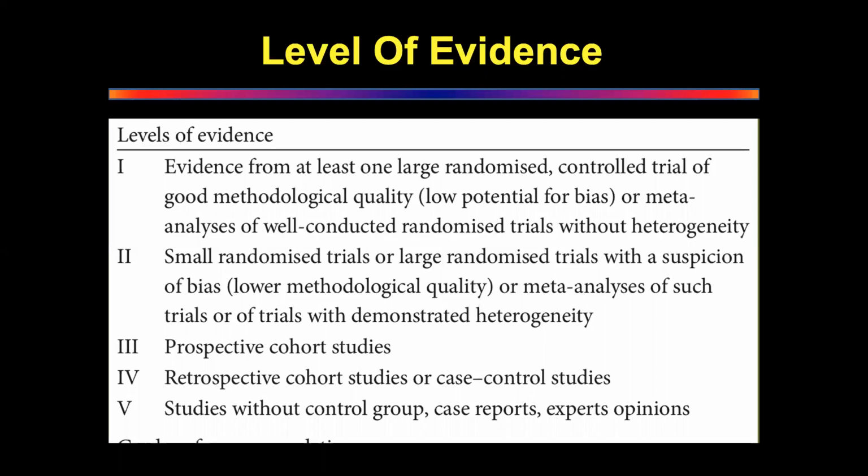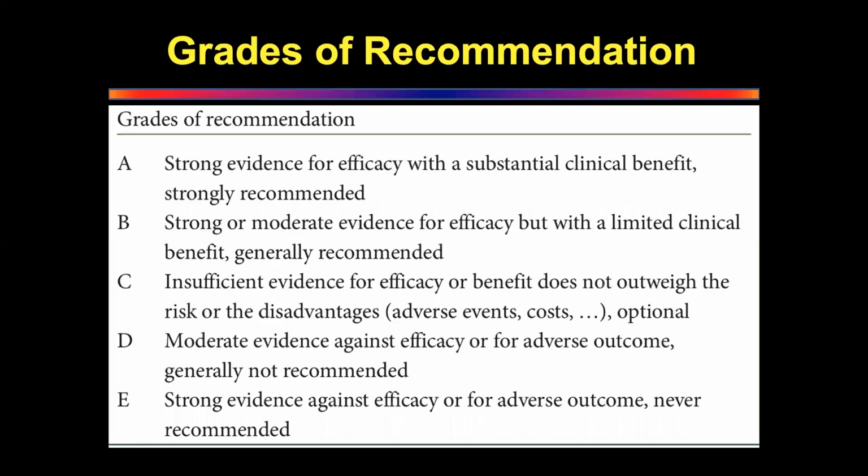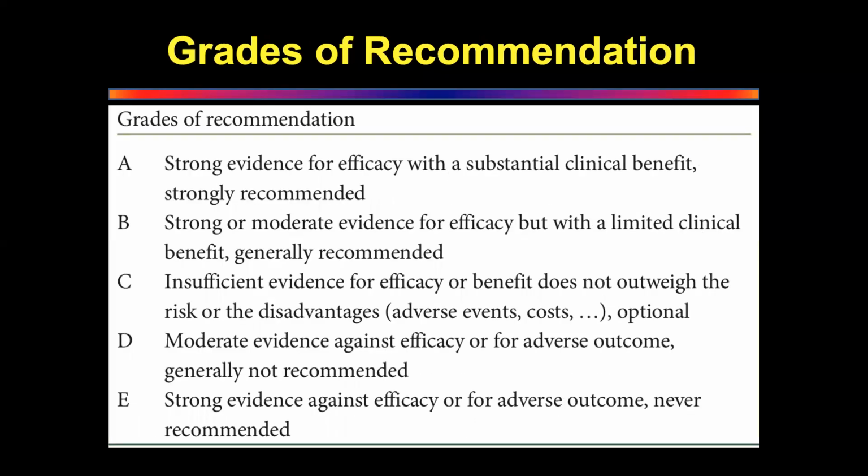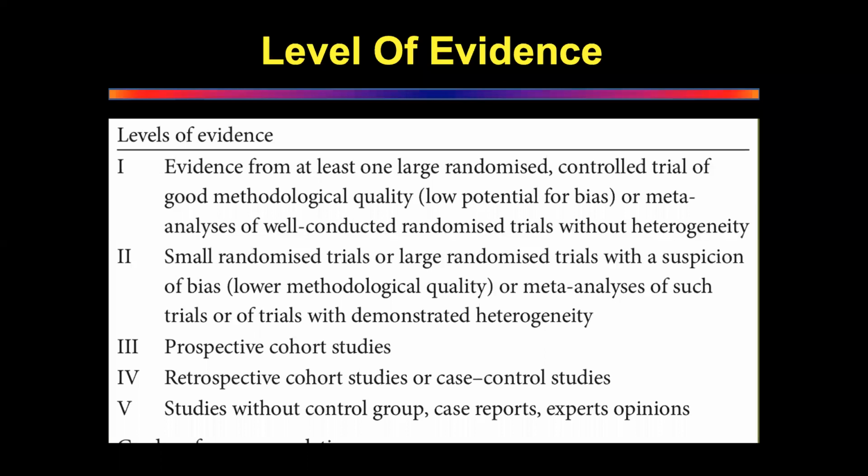Okay. If I ask you grades of recommendation for A, B, C, D, would you be able to tell me that? The Scottish Intercollegiate grade A is meta-analysis of RCTs applicable to the target population and shows consistency. B is there is a body of evidence which includes studies with an overall consistency and whose results can be extrapolated to the population.